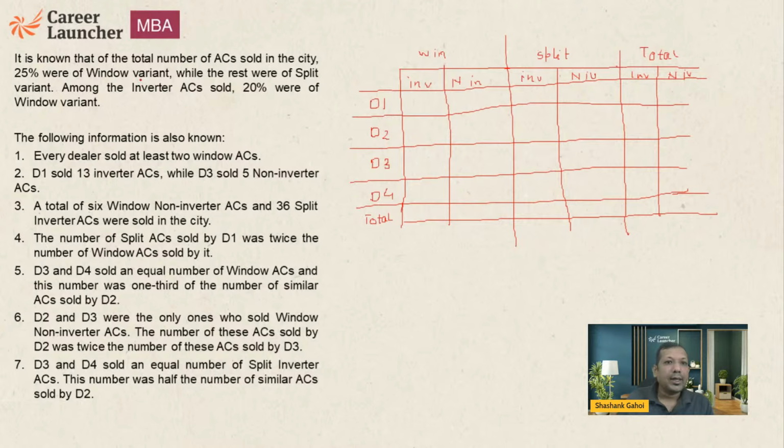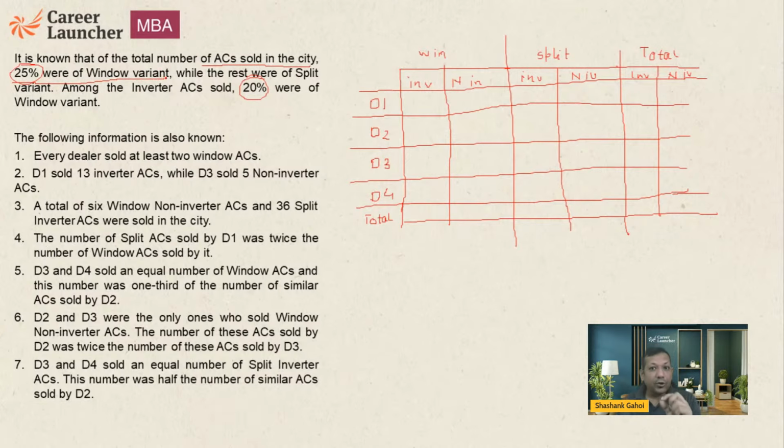Now, whenever you see the top values in percentage, never take these values in percentage, always convert these values into fractions, because that is going to help us understand the values. So when I write, it is known that of the total number of ACs sold, 25% were window variant.